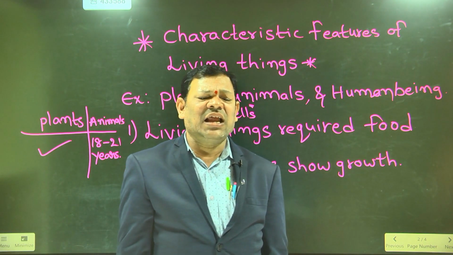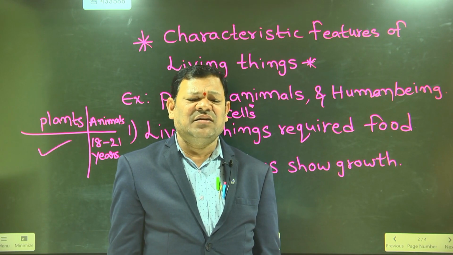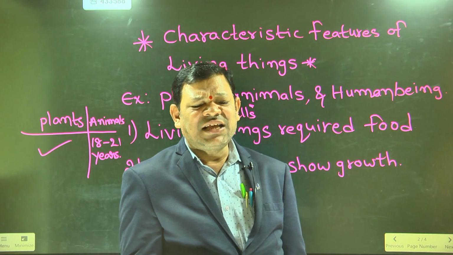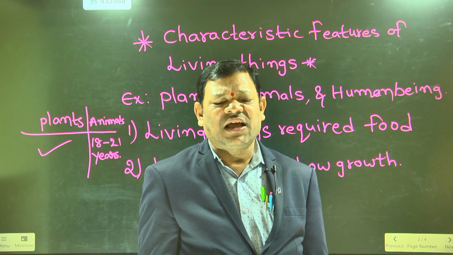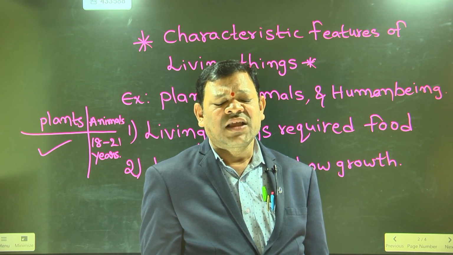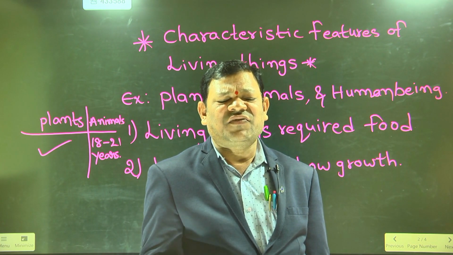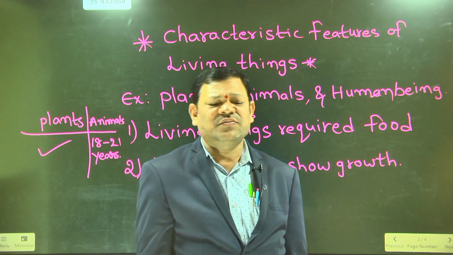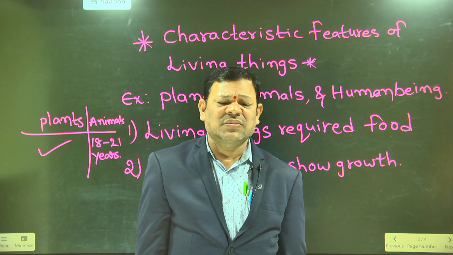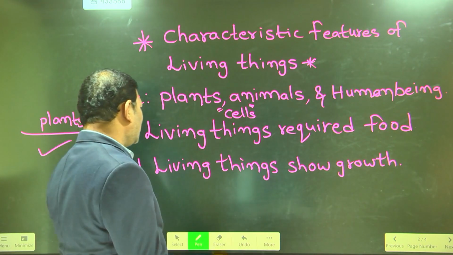There is no cell, there is no living organism. So cell is the fundamental unit of life. Cell is the basic unit of the living organism. Cell is the structural and functional unit of the living organism. Cell is the building block of the living organism. Okay, that point also you can add.